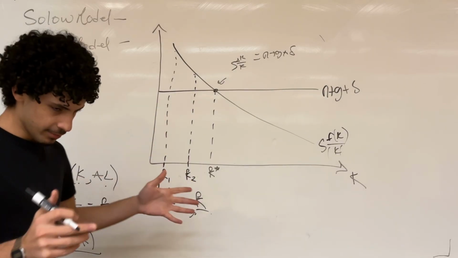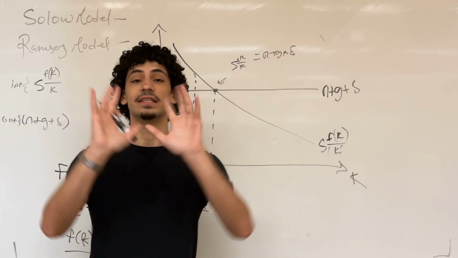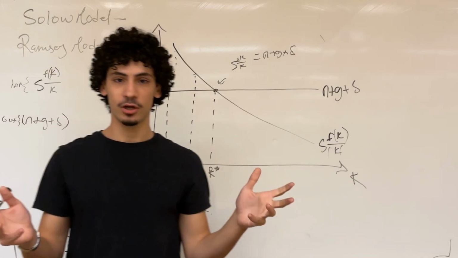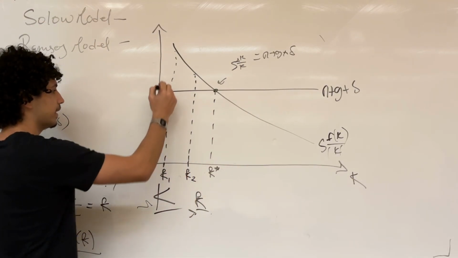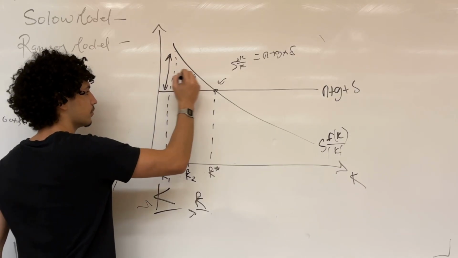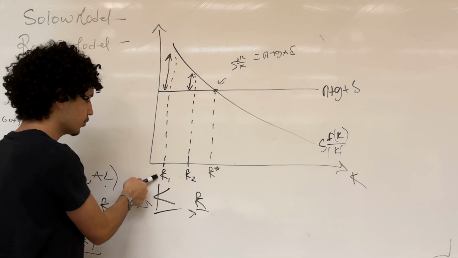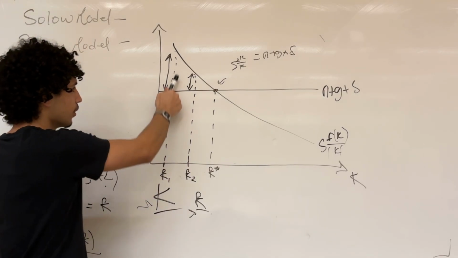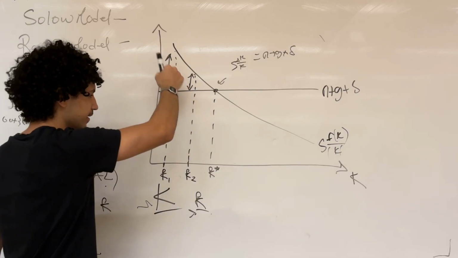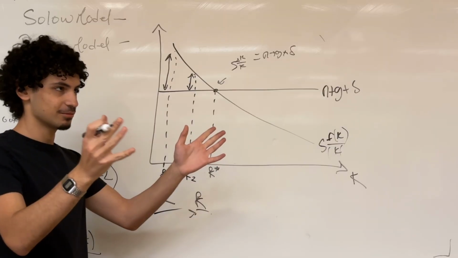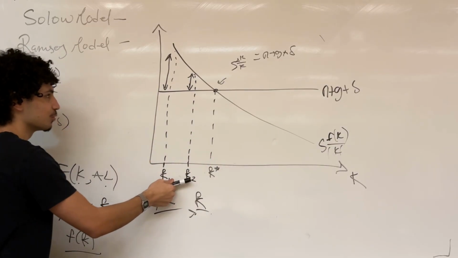So the idea the Solow model gives is that developing countries, or countries that don't have as much capital, grow faster. So here we see country 1, where country 1 has less capital than country 2, and its growth is much larger than country 2.